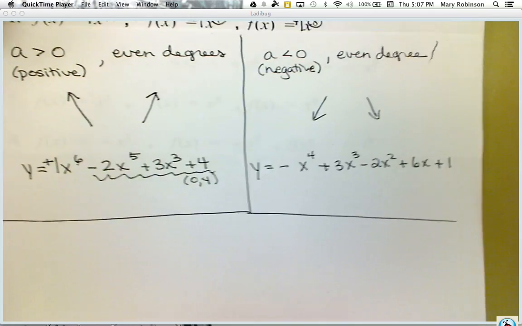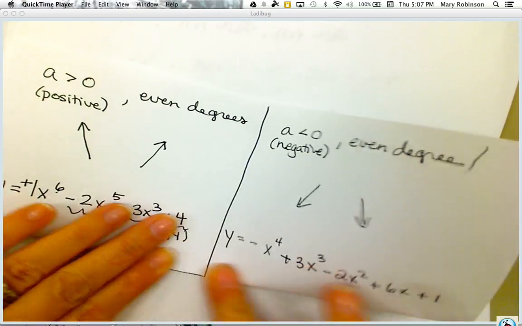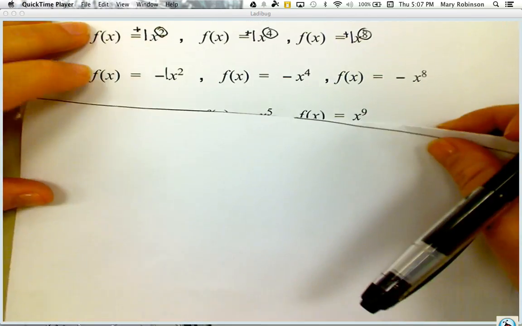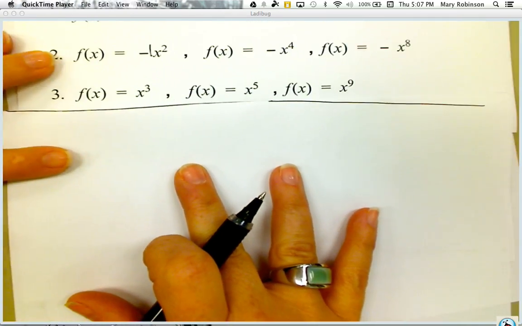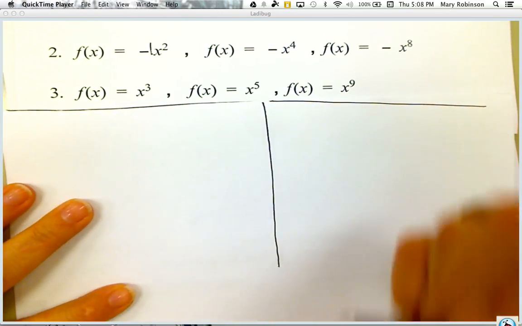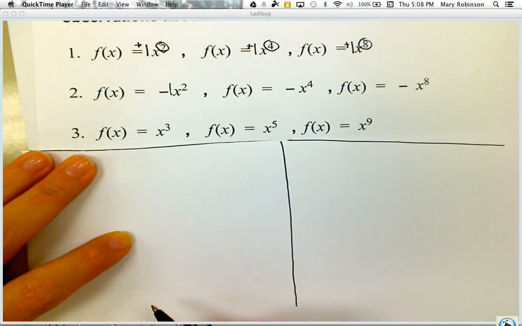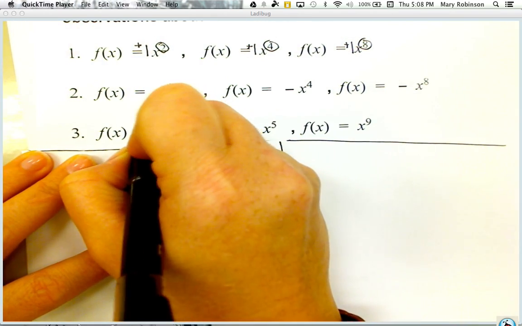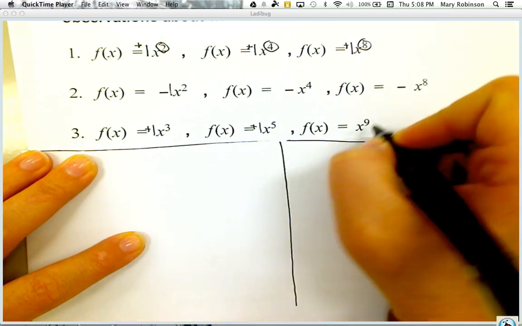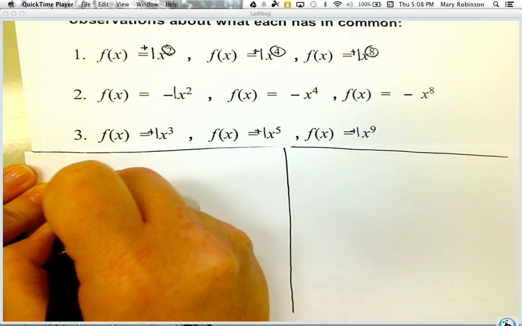So next, let's consider what happens for number 3. I'm going to fold this in half. If you take a look at number 3 and we make some observations, I think we'll notice something they had in common with number 1, and that is that they had a positive leading coefficient, meaning our a value is greater than 0.